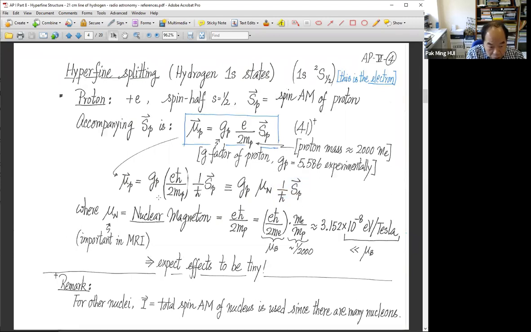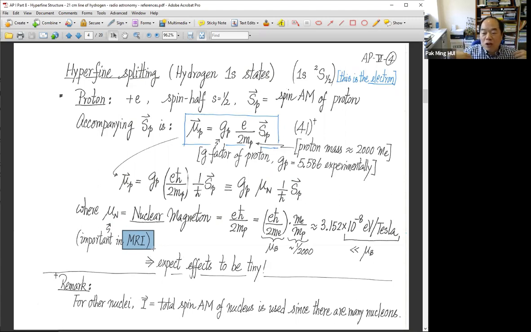This nuclear magneton is important because nowadays MRI is popularly used in research and in hospitals. And what we are talking about, hyperfine structure, is actually relevant to MRI, because MRI probes the protons.